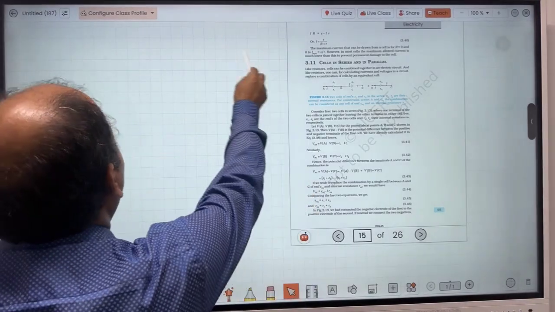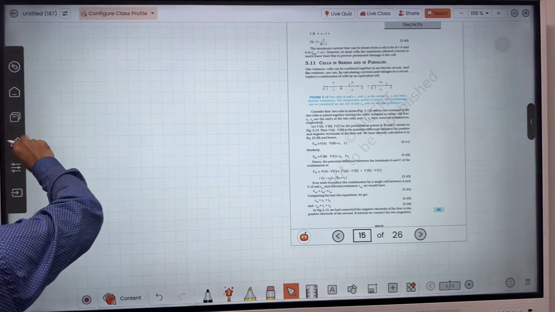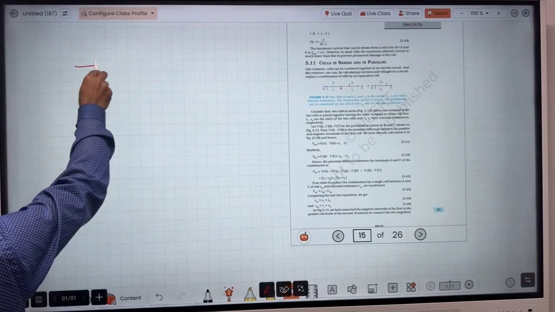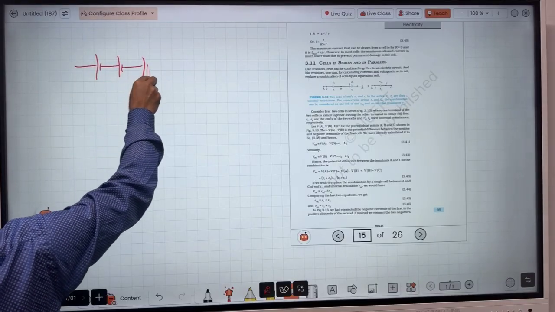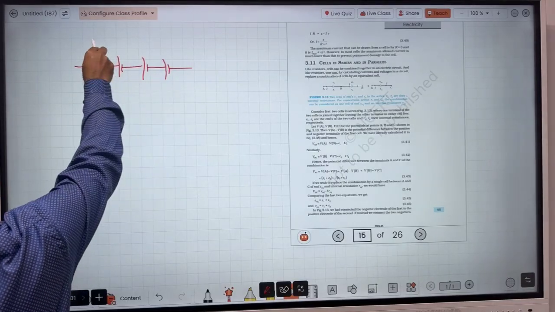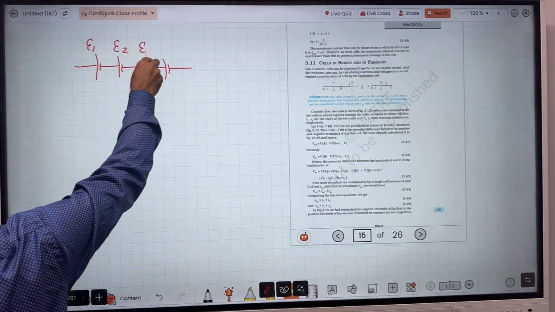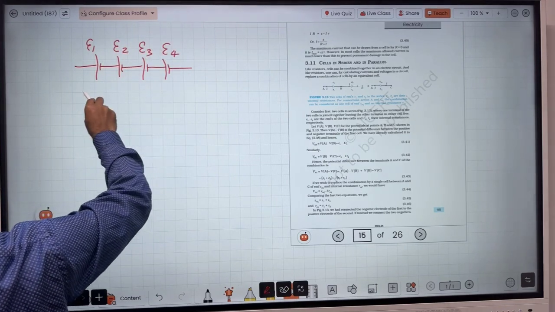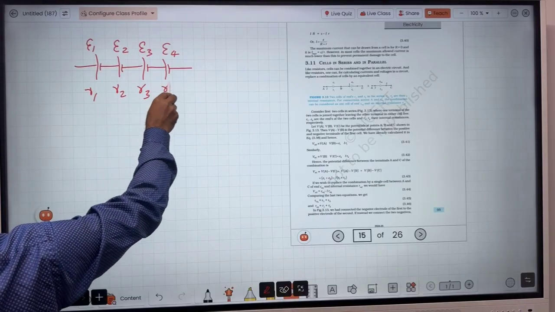Now suppose there are many cells in series, like this is one cell, there is another cell, then next cell, then next cell. Suppose it has EMF E1, it has E2, then E3, E4, and their internal resistances are R1, R2, R3, R4.